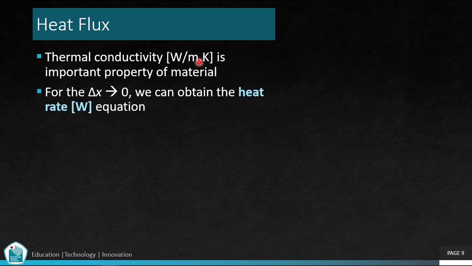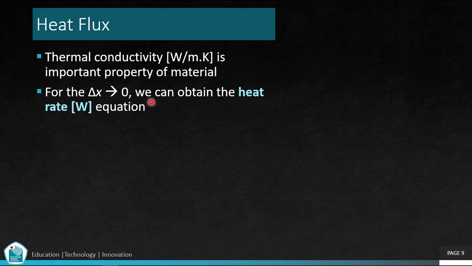When we evaluate this expression in the limit of delta X near 0, we can obtain the heat rate, or Q. If it's in the x direction, it's called Qx, and the unit of heat rate is W, or watt.